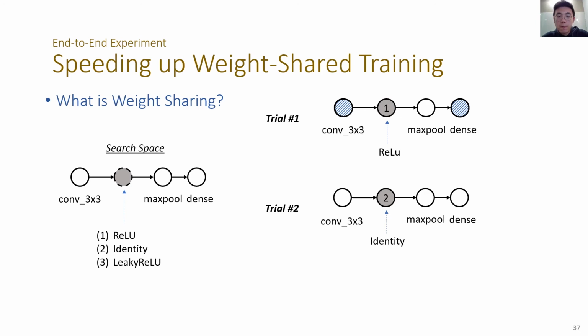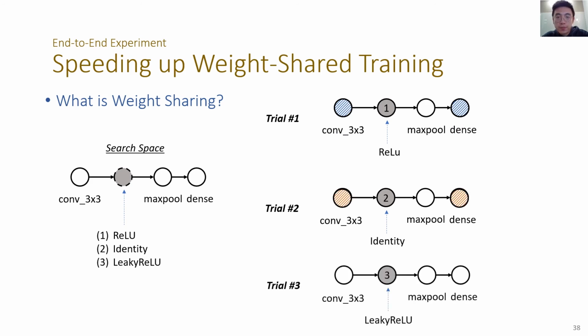Weight shared training will reuse the weights from the first trial to continue the training. After a few iterations, the third trial is instantiated by choosing leaky ReLU. Similarly, the weights are shared from the second trial before the training. In this way, the training of the unchanged part will not be wasted in the new trials, which can greatly reduce the exploration time.